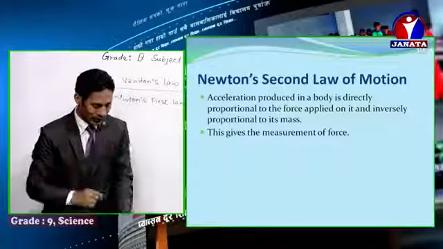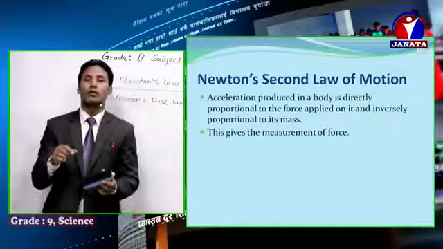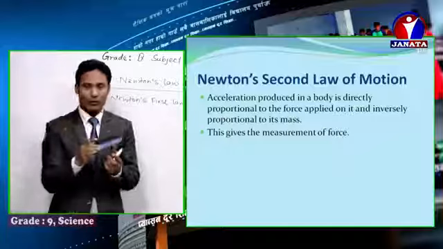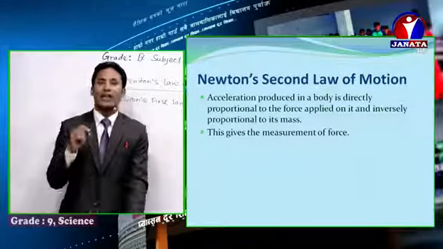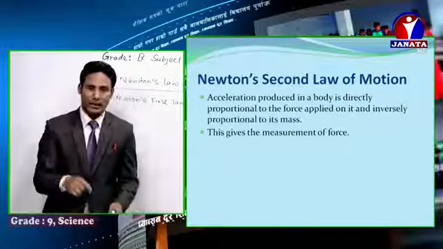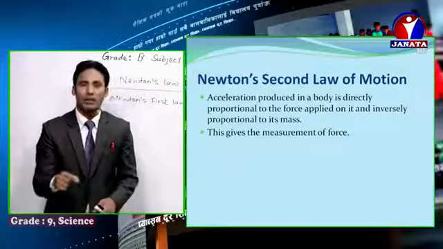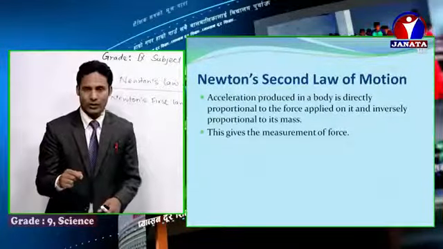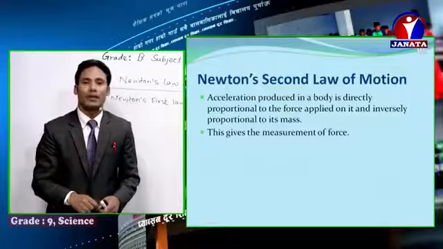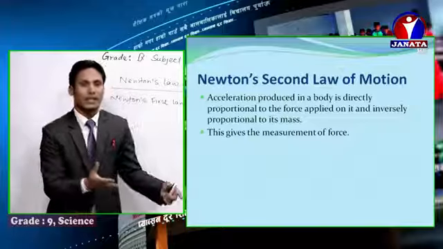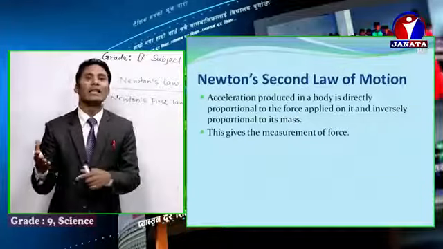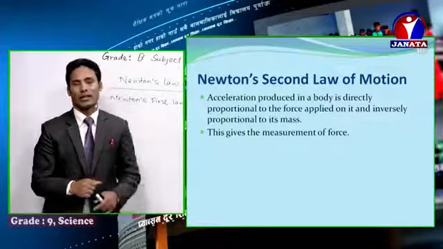What I mean is, whenever we apply force, acceleration is produced, right? The acceleration produced in the object is directly proportional to the applied force and inversely proportional to the mass. If there is more mass, then less acceleration is produced. If there is less mass, then more acceleration is produced.